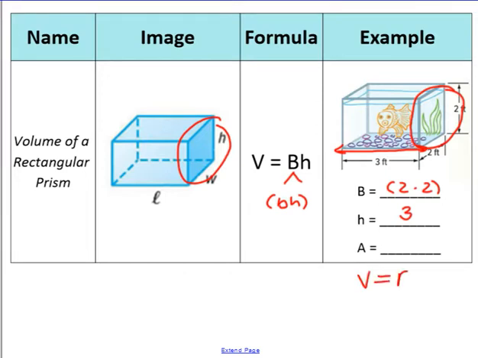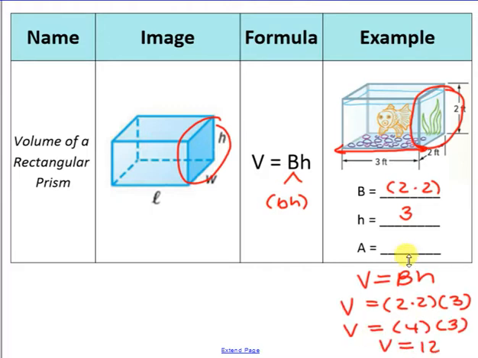So volume equals big B times H. Volume equals, the base is 2 times 2, and the height is 3. So volume equals 2 times 2 is 4, and then times 3, so volume equals 12. And so the volume of this is going to be 12 feet cubed.